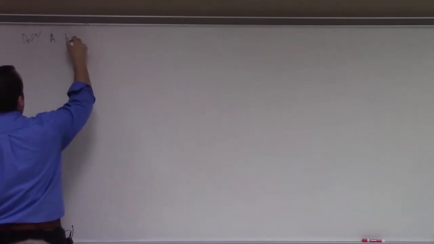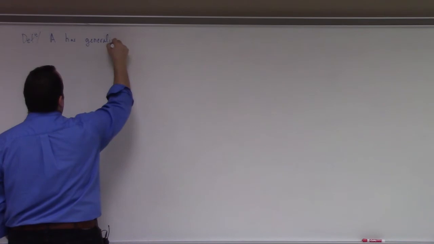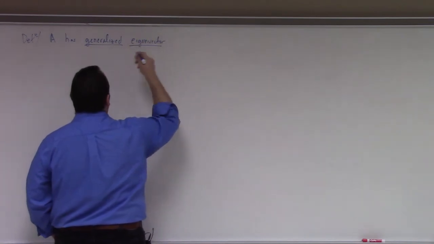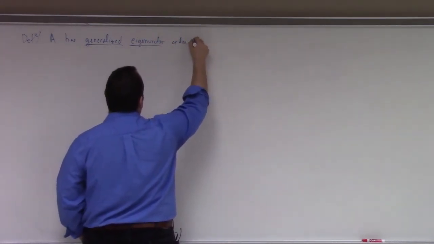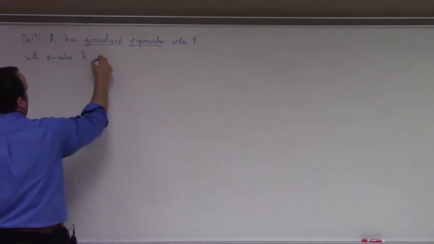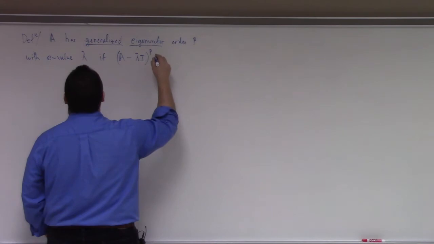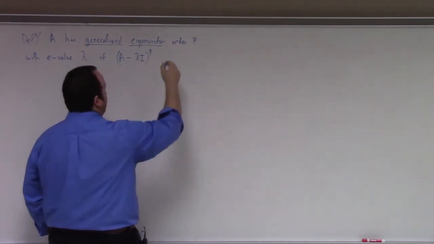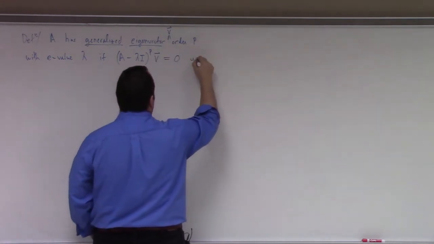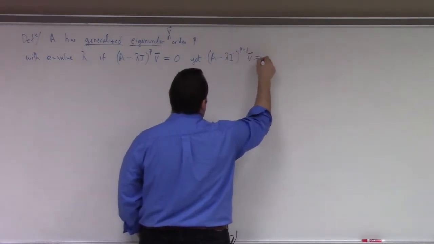A has a generalized eigenvector of order P with eigenvalue lambda if (A minus lambda I) to the P times V, I should probably give the eigenvector a name, let's call it V, is equal to 0, yet (A minus lambda I) to the P minus 1 times V is not equal to 0.